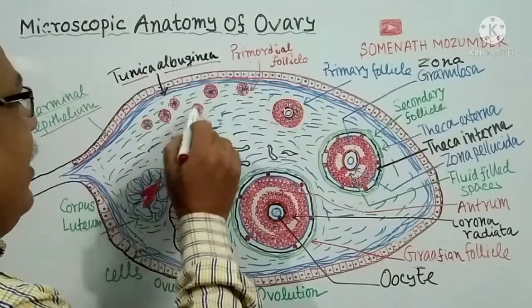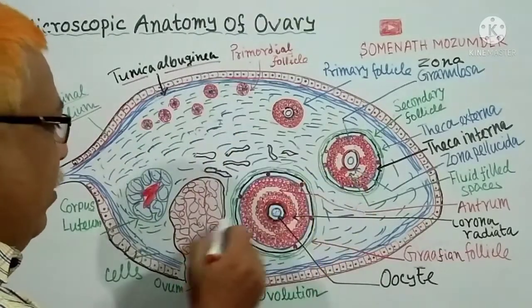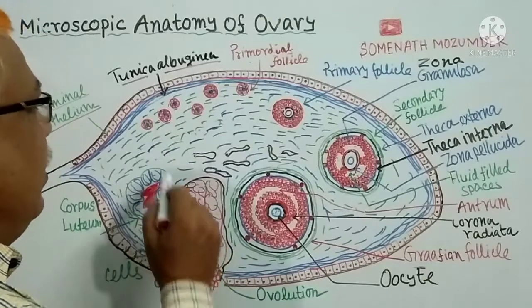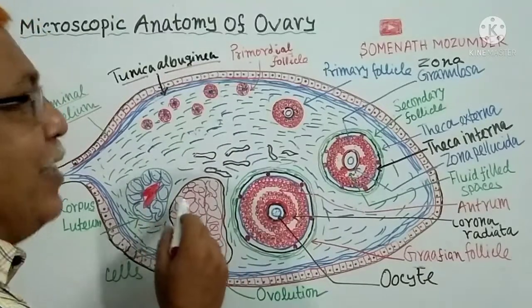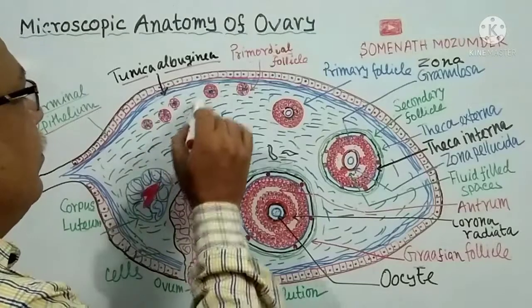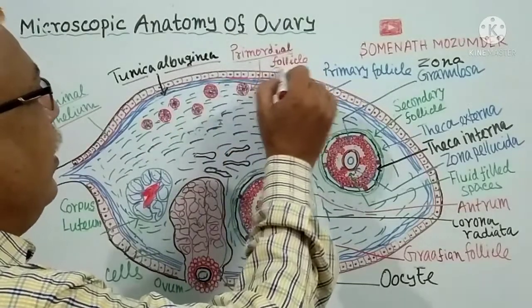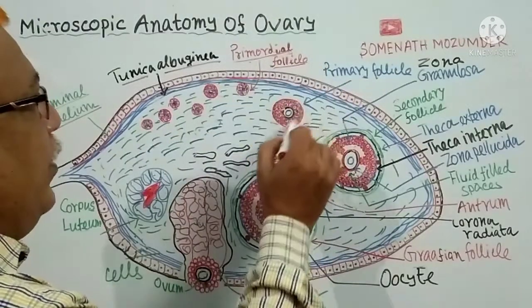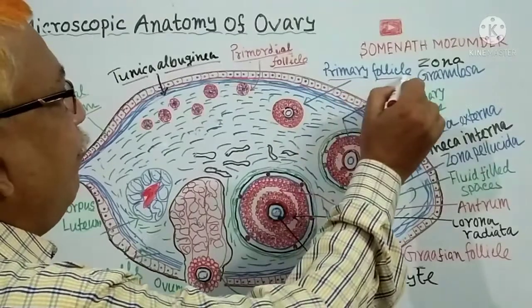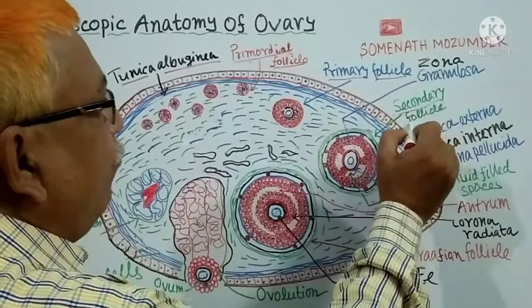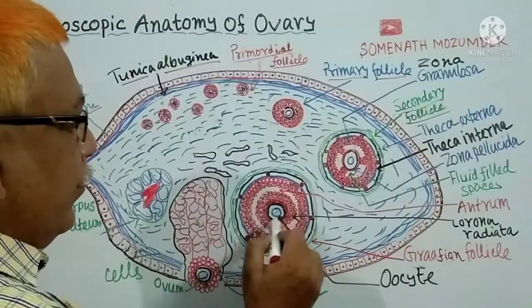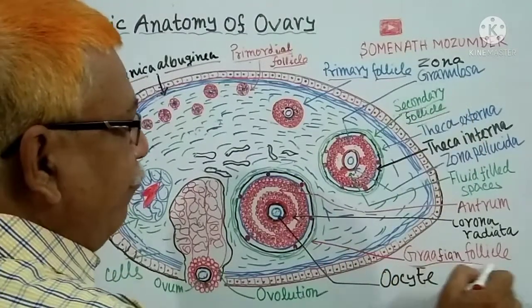There are different types of ovarian follicle at various developmental stages. These are primordial follicle. This is primary follicle. This is secondary follicle. This is Graafian follicle.